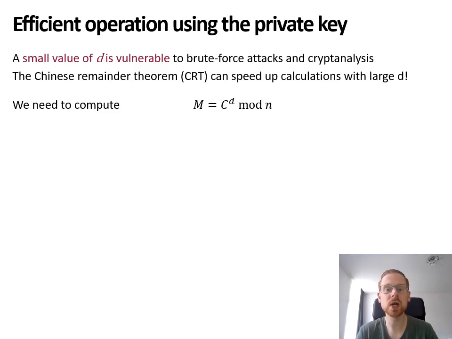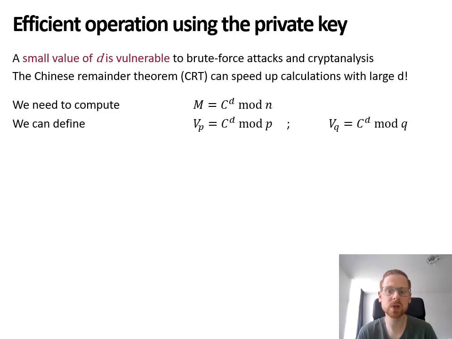We can now use the Chinese remainder theorem to make this calculation more efficient, in case d has many 1 bits. Let's start by defining two intermediary variables vp and vq, equal to c to the power d modulo p and c to the power d modulo q.